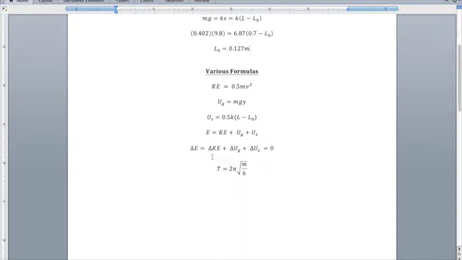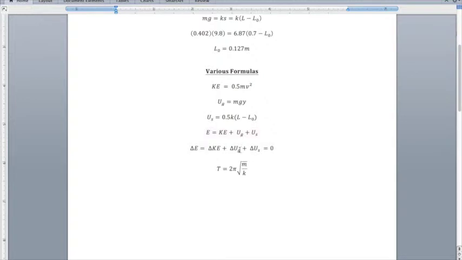And right below that are the various formulas that I used in my code, with kinetic energy being equal to 1/2 mv squared, the gravitational potential energy equal to the mass times the gravitational force times the y component of the object, and the spring potential energy being 1/2 k times the length minus L naught.